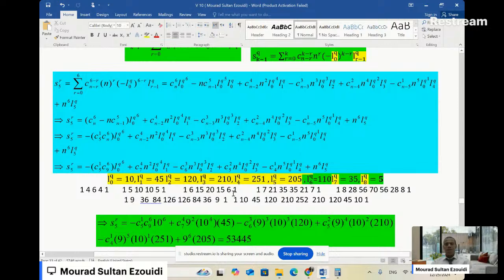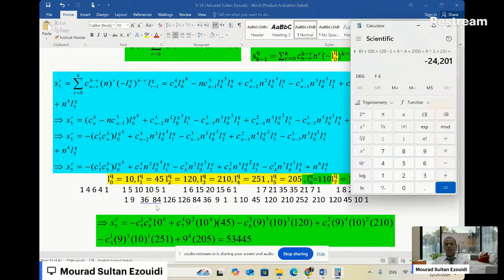Now I'll make a substitution. I substitute L0 here with 10 and L1 with 45. Of course, L0 is the same. N is 9, that's why it's 9, 9, 9, and 9. And L2 is 120, L3 is 210, L4 is 251, and L5 is 205.